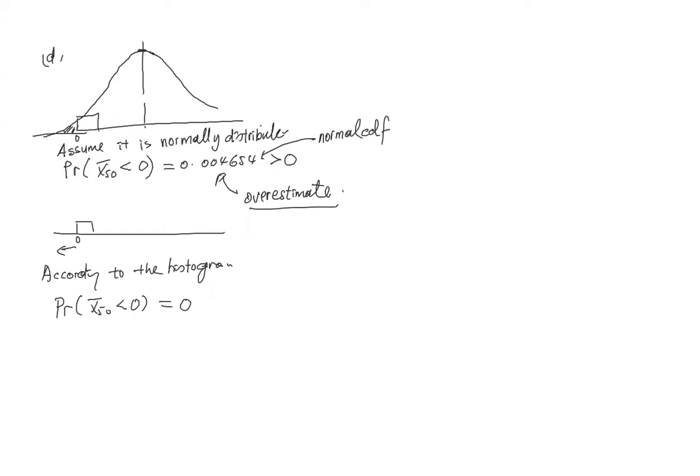But according to the histogram given, is there any number that is less than 0? You look at the histogram. No, correct? So if I go according to the histogram, probability of X bar 50 less than 0 will be 0. Am I right? So that's why we call this value an overestimate of this.